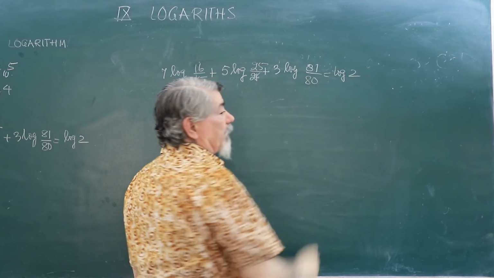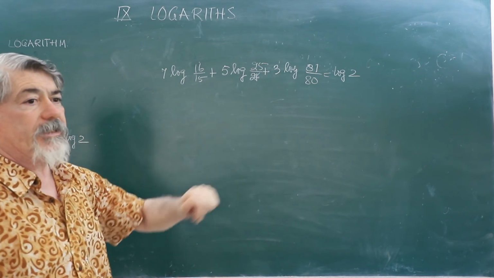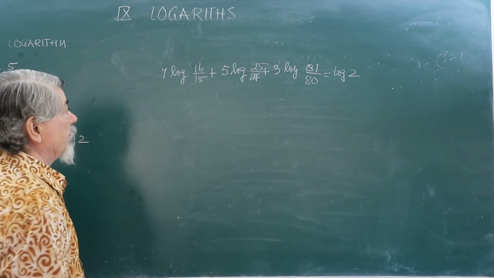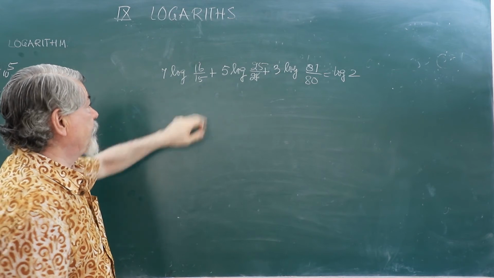We have to prove the left hand side also equal to log 2 so that left hand side and right hand side are equal. 7 log 16 upon 15.